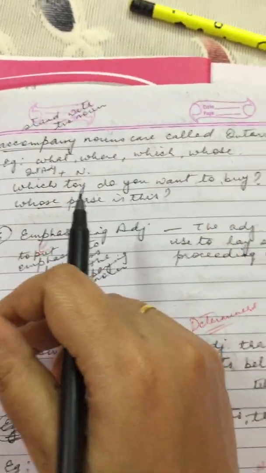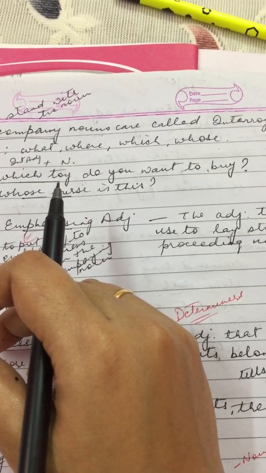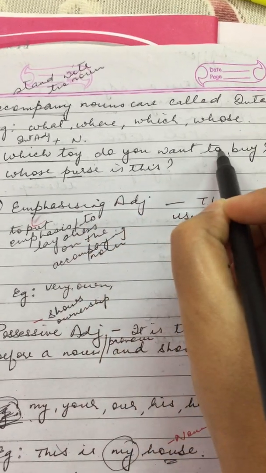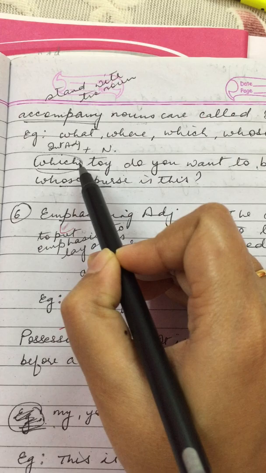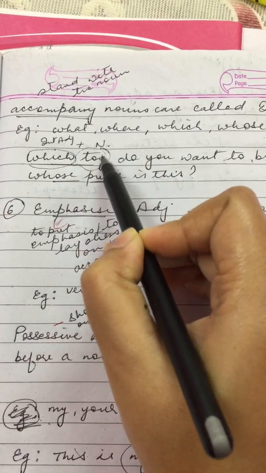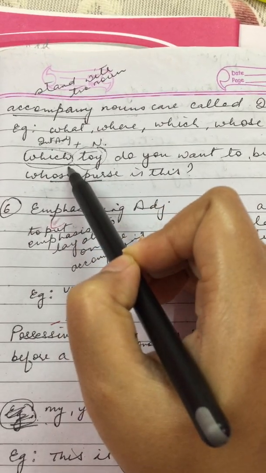If you have taken a child to a store to buy a toy, you will ask that child, now which toy do you want to buy? Now which, this which is modifying the noun toy. Toy is a noun and which is an interrogative adjective.